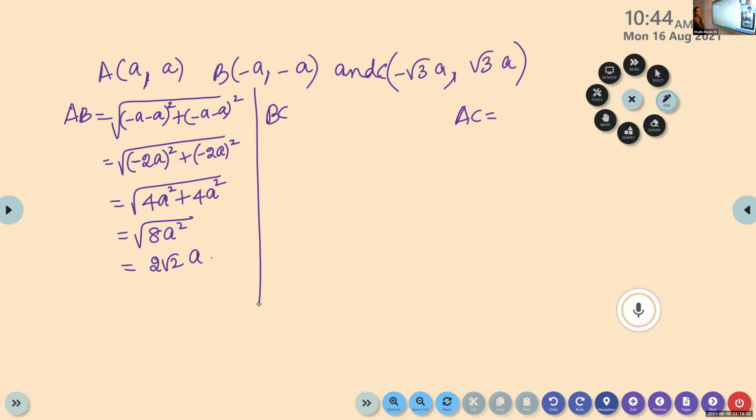After finding AB, find out what BC is. What will be BC? BC is equal to the root of (x2 minus x1) the whole square plus (y2 minus y1) the whole square.